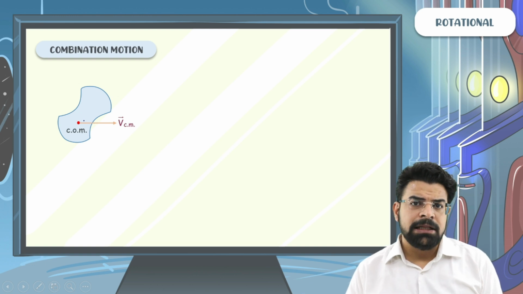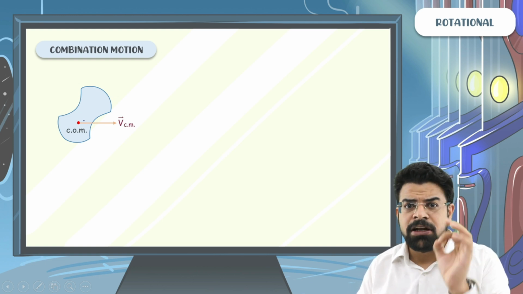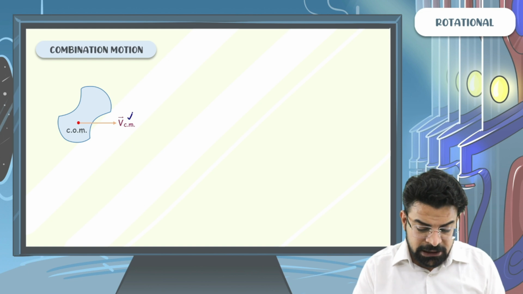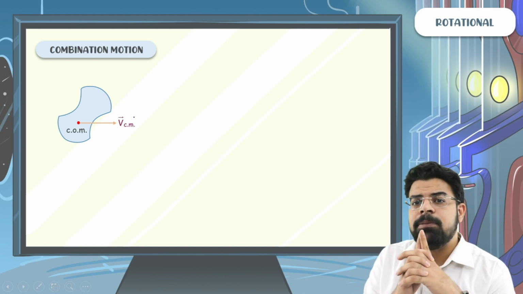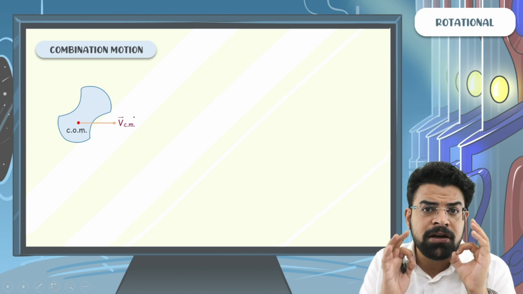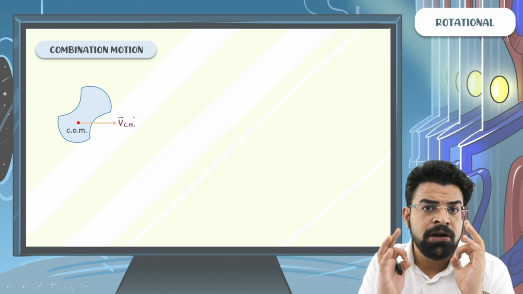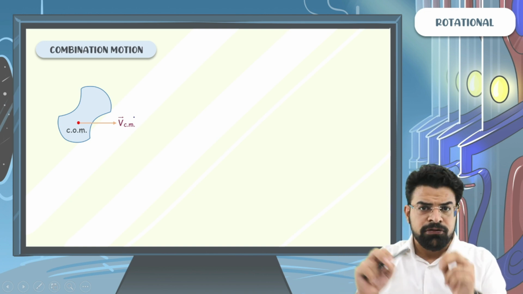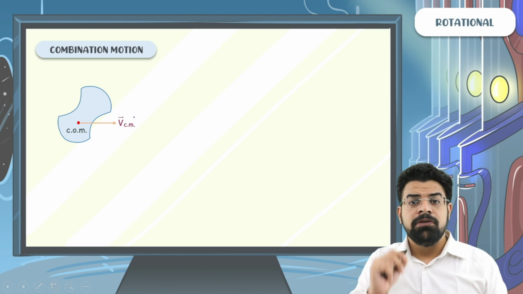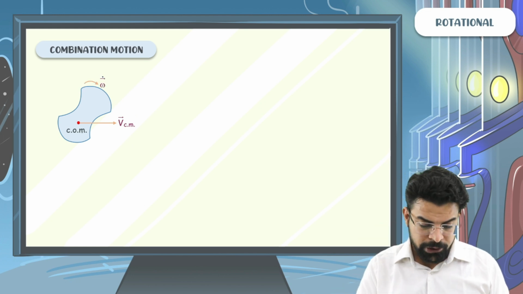You will say the velocity possessed by the center of mass of the rigid body is the translational velocity. Remember that center of mass is the representative point to understand the translational motion of the body. Now let's say in addition to this velocity of center of mass, the translational velocity, we also have an omega.